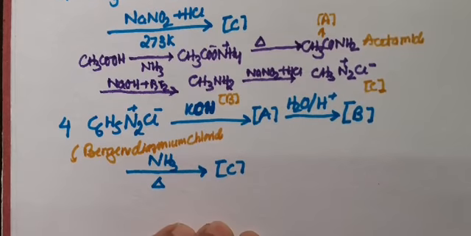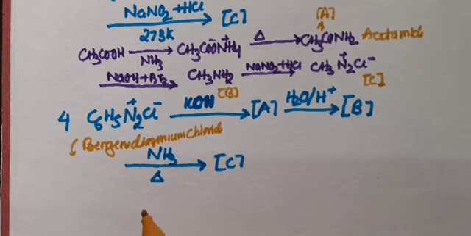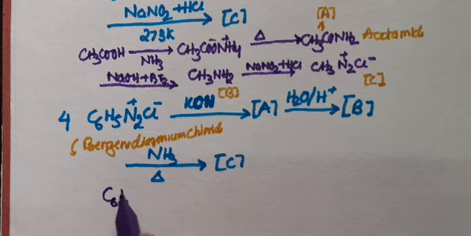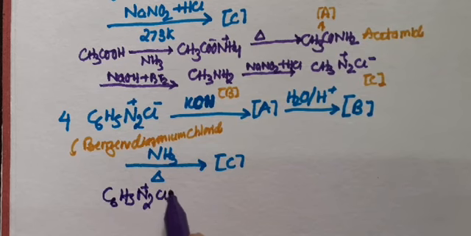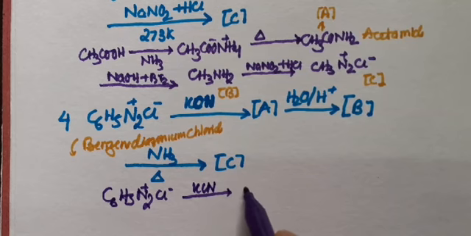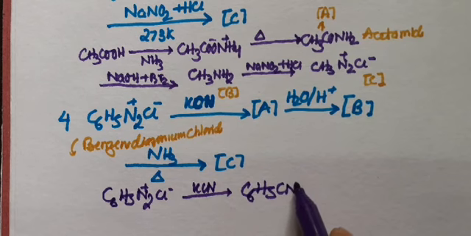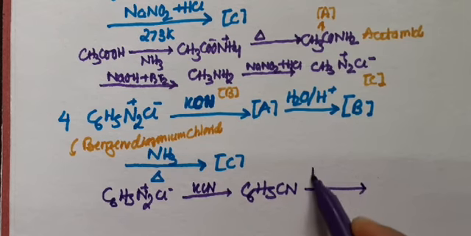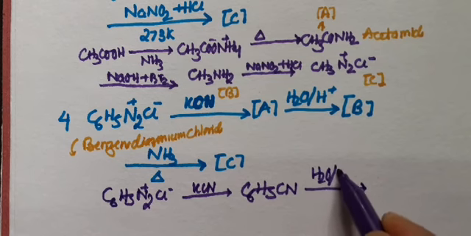Now take another example. We can see that benzene diazonium chloride reacts with KCN. So write the reaction. C6H5N2Cl reacts with KCN and forms C6H5CN. This is phenyl cyanide, and this phenyl cyanide undergoes acid hydrolysis.